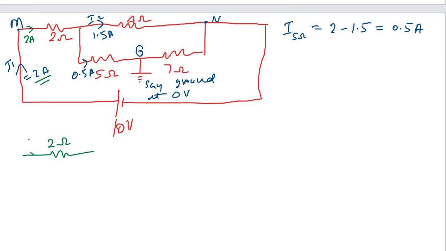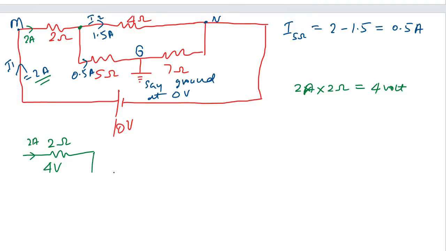The current which is flowing here is 2 amps. So if I multiply 2 amps into 2 ohm, this is equal to 4 volt. So we got 4 volt here, the potential difference. Okay, here is this point.